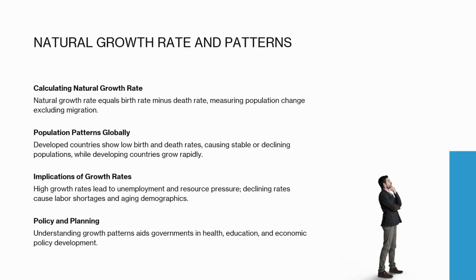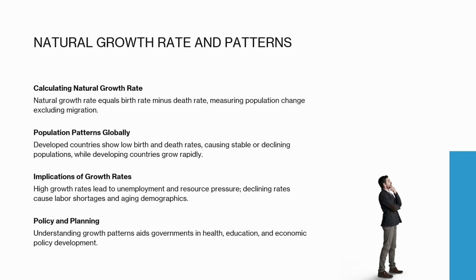We have already discussed the natural growth rate. Now, pattern of population change. The rate of population change varies across the world. In some countries like Kenya, we see high population growth because they had both high birth rate and high death rate. With improving healthcare, we can also reduce the death rate.